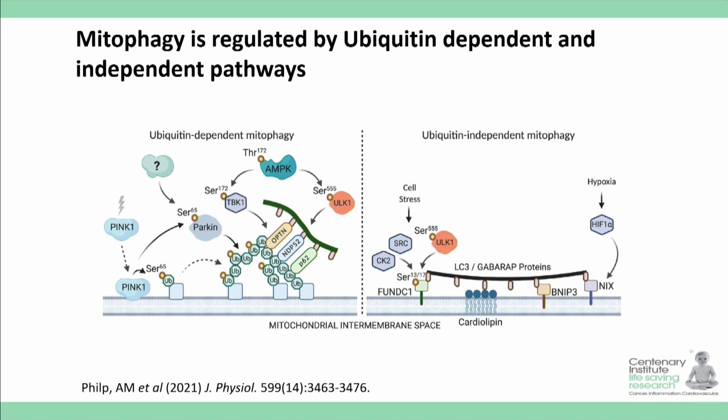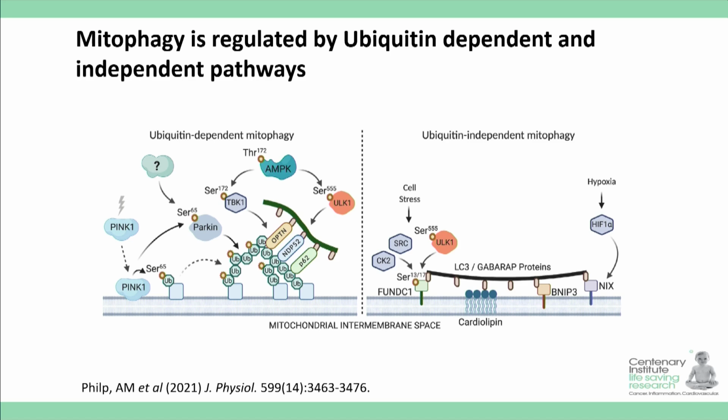So the classical ubiquitin-dependent model is that it works through a PINK1-Parkin pathway. So typically the idea is that under stress or damage, PINK1 is activated and phosphorylates ubiquitin at serine 65, which is good to remember because it's the same site as serine 65 in Parkin.